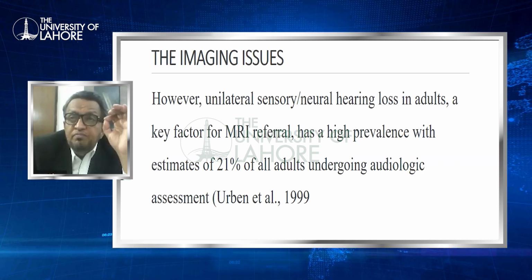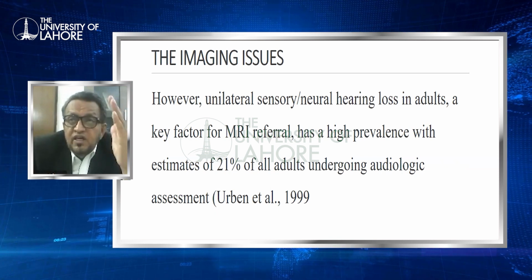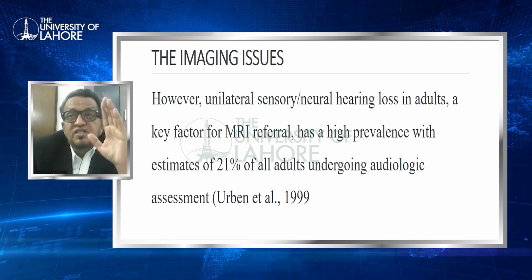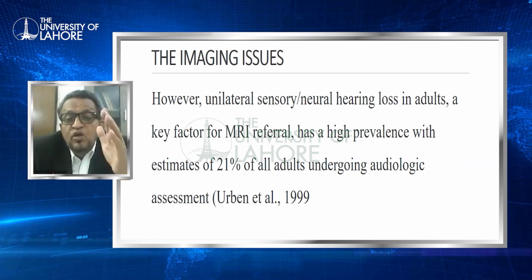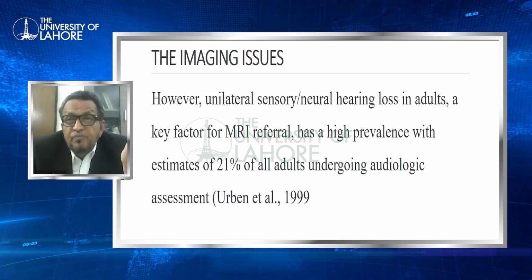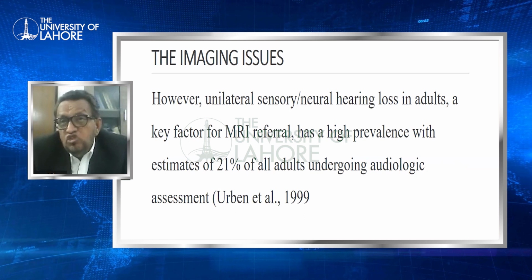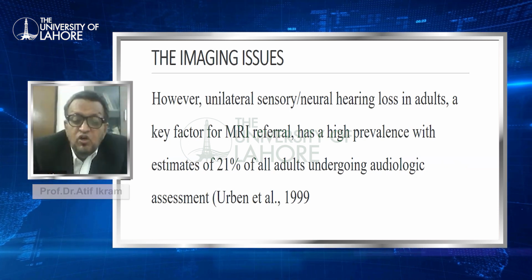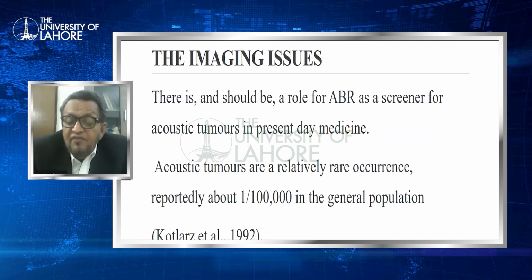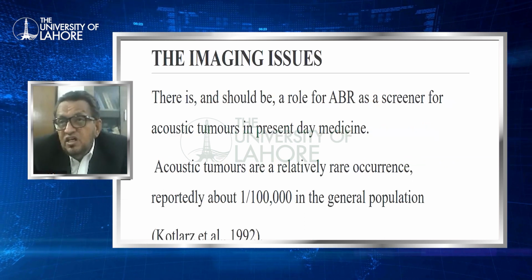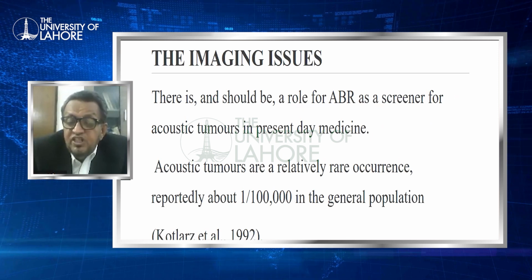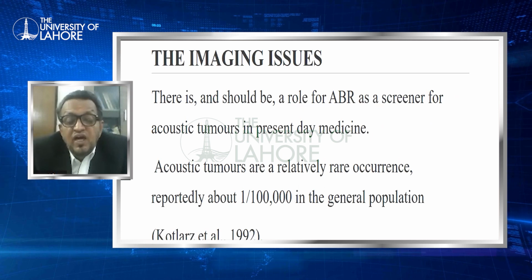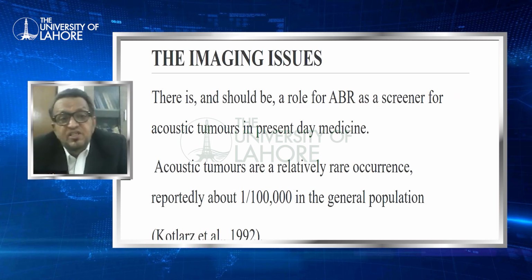So one of the major findings in history, as well as in the diagnostic tests that we do, is a unilateral or asymmetrical hearing loss. Both asymmetrical and unilateral hearing loss will have to generate a differential diagnosis of acoustic Schwannoma and should be ruled out through testing.